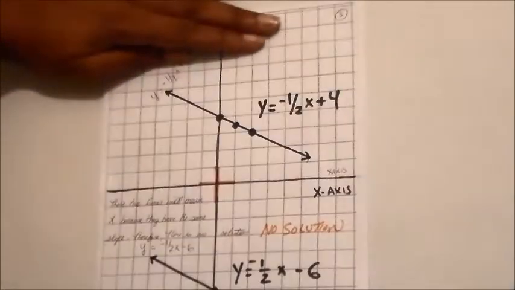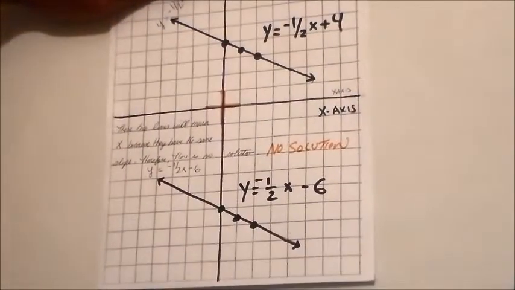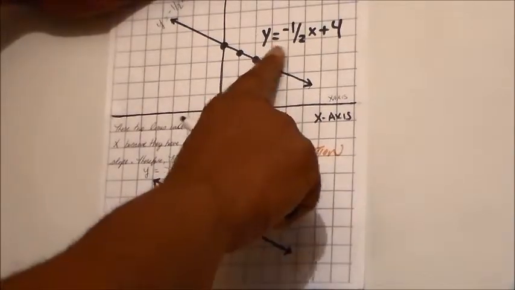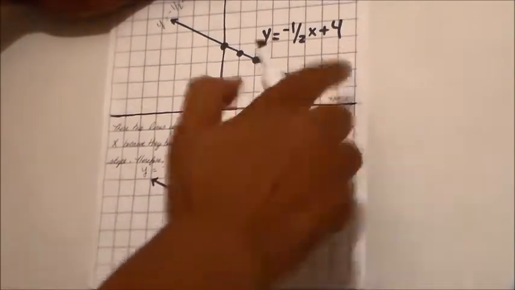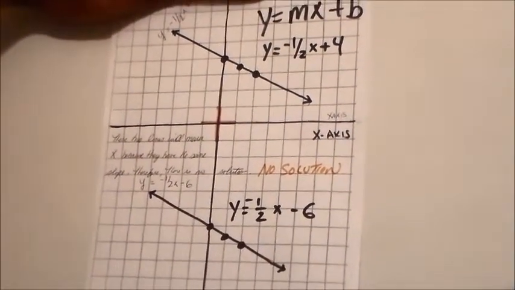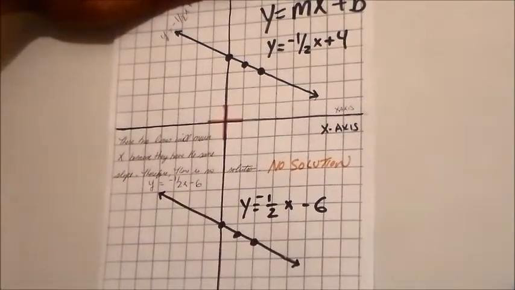Then another situation that we could have is parallel lines. And we will know this because the slopes will be the same. This y equals mx plus b is the slope form, y equals m slope times x plus b, the y-intercept. If you watched the previous video, you understand how that works out.